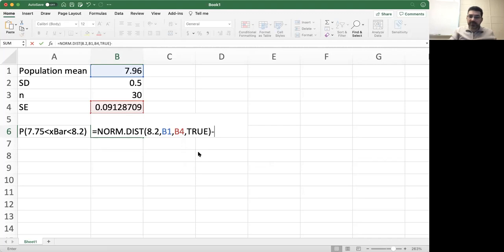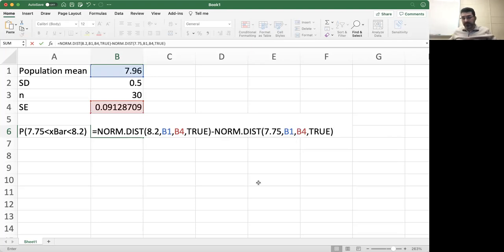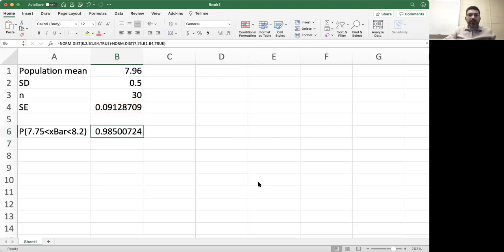So we say minus NORM.DIST again. The mean is 7.75, same mean, same standard error, and then true. So this will be your function. Then enter. So you have 0.985. This is the same result we have here from the table, as you can see.